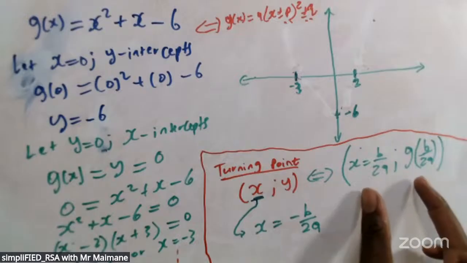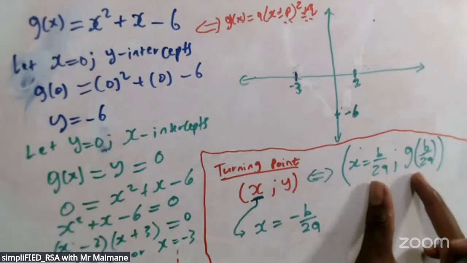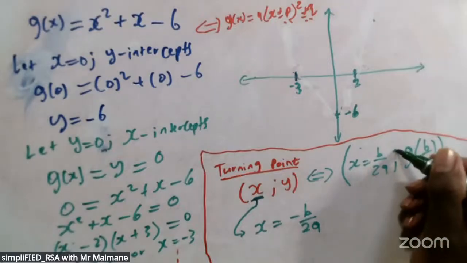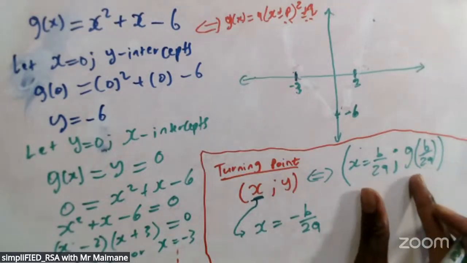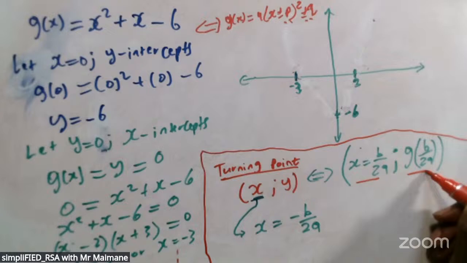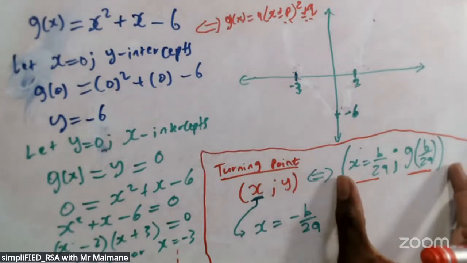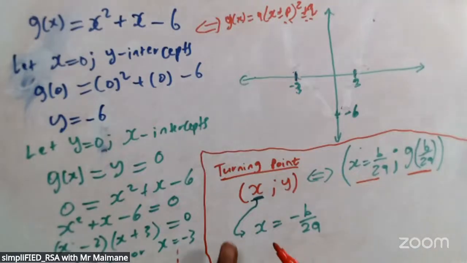Do you understand what I'm trying to say here? Let me pause for a minute. You have all the rights to say, I don't understand, if you don't. This is your powerful formula for finding a turning point. So x is minus b over 2a, which b and which a?